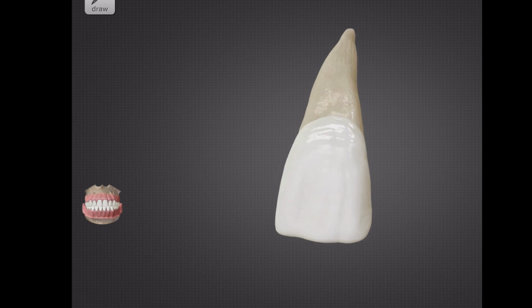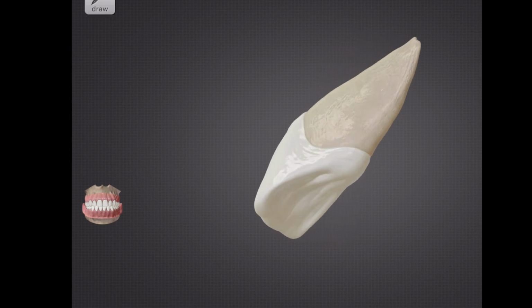So the mamelons are the ones with wavy ridge appearance during eruption. It is any one of the three primary rounded projections in the incisal ridge of newly erupted incisor teeth.